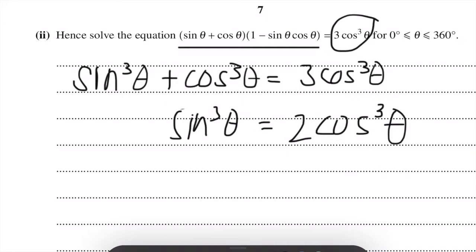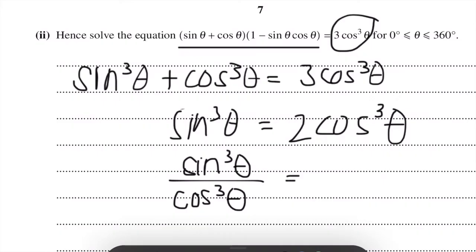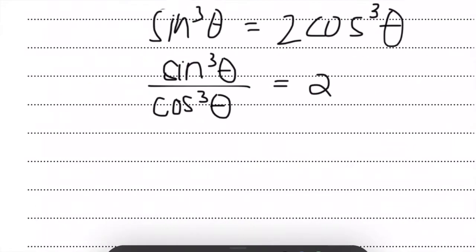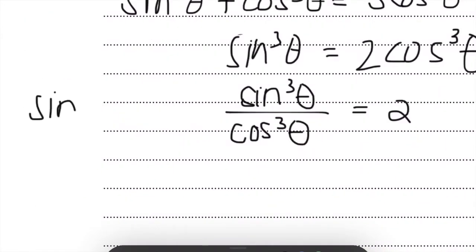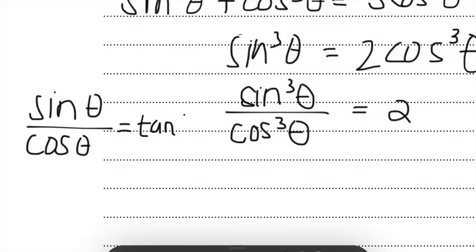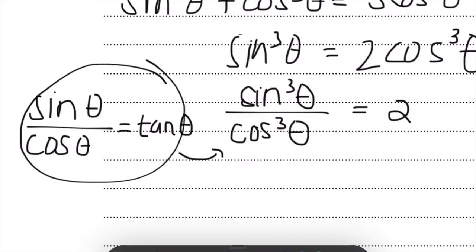We'll divide both sides with cosine cube, so we get sine cube theta divided by cosine cube theta is equal to 2. We know that sine theta divided by cosine theta is equal to tangent theta. So we will go ahead and use that in our equation here.